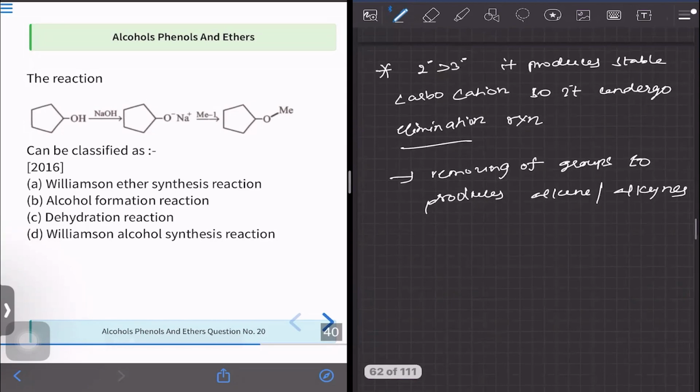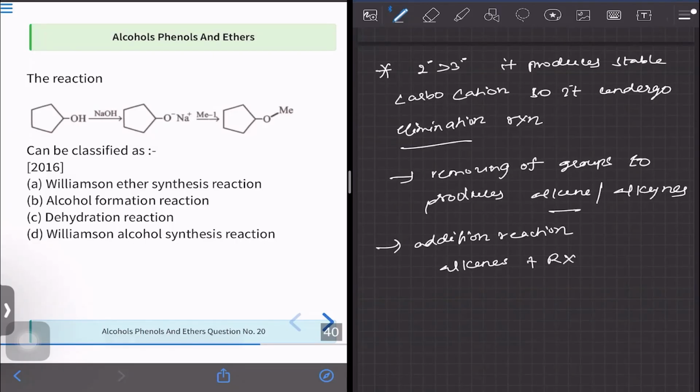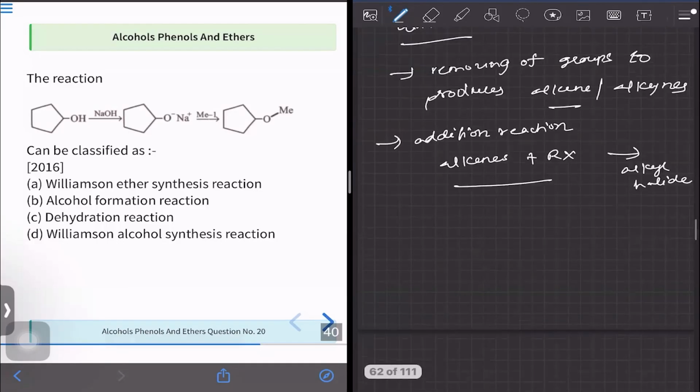For example, whenever we add a substance to an alkene and produce another group, that is known as an addition reaction. Whenever an alkene is treated with RX, it produces an alkyl halide. This is known as an addition reaction.